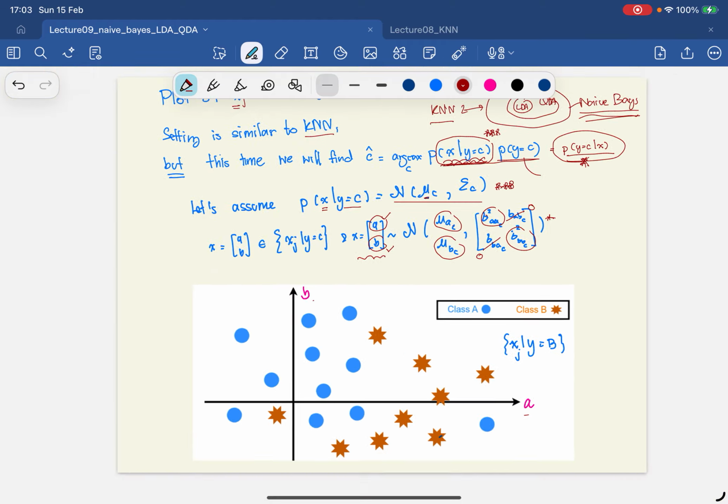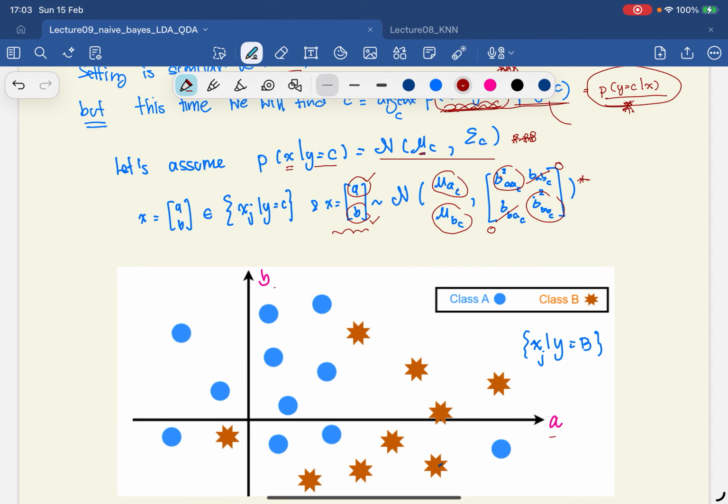Okay, for example, let's say we have this X and that is associated with Y from class B. We know this is from class B because we are considering just the training samples. So when we consider training samples, that means we know what the label associated with each sample is.